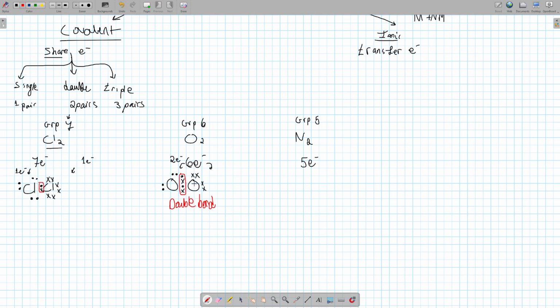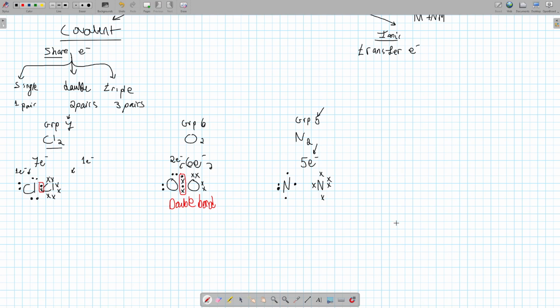Okay. Finally, with N2. Nitrogen is in group 5, so it has 5 electrons. So let's draw the dot cross. 1, 2, 3, 4, and the last one you can put wherever you want. I'll put it here because it's a bit easier. For the other N, I'll use x's this time. And the last one you can put wherever you want. I'll put it here so it's easier for me to connect them.